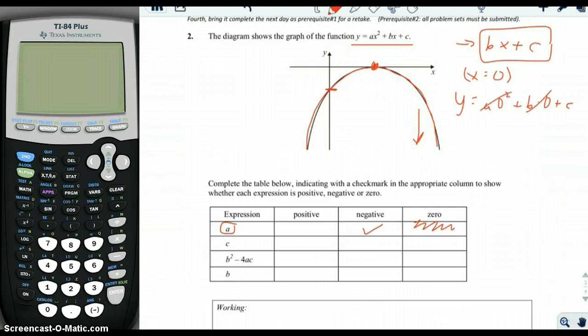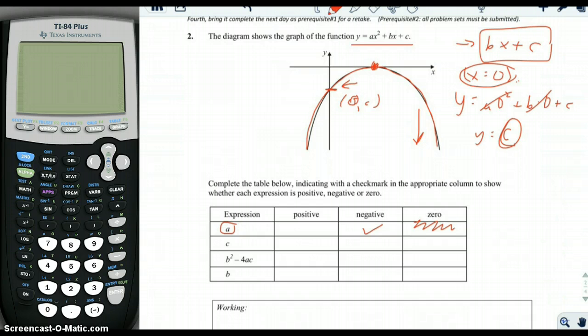These two terms go to 0. They disappear. Then we just end up with y equals c. So when x equals 0, y equals c. So that's actually the y-intercept. When x is 0, y is c. So we can see that this point here is at height c.